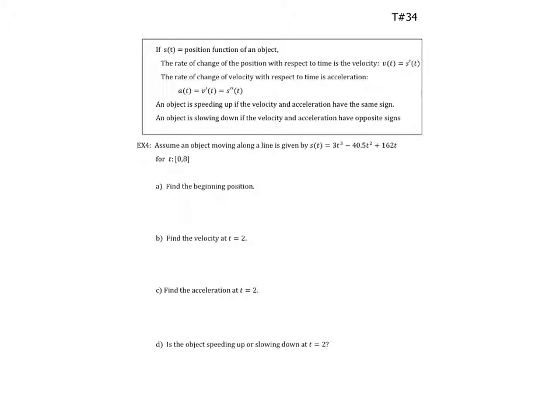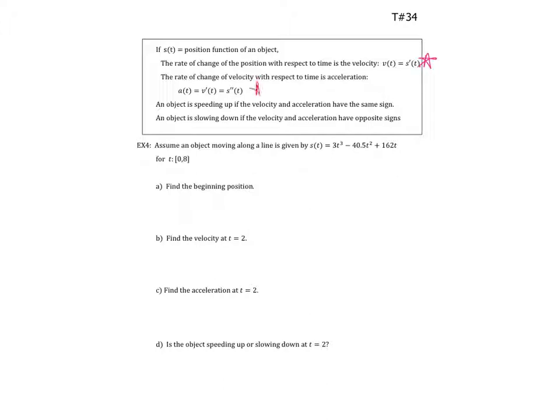So we have a position function of an object, and we kind of already talked about this first one. The rate of change of position with respect to time is the velocity. And here's the new part. We said that velocity is the first derivative of position, and we've already figured that out.